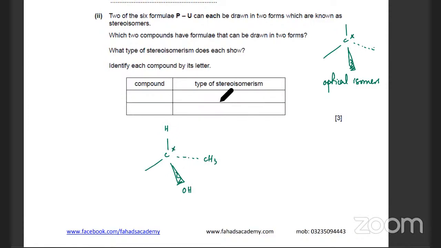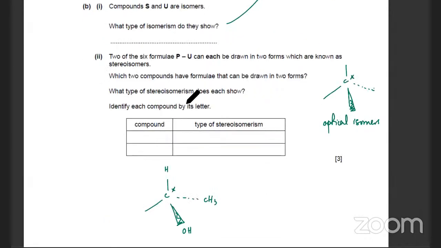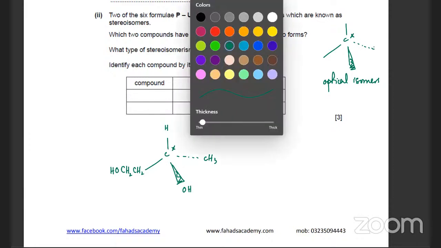I mean, 3 sides are different. So let's go back and have a look. Focus on this carbon atom, C with an H and an OH as a branch. And you've also got a CH3. And on the other side, it's CH2, CH2OH. So on the other side, you've got a CH2, another CH2, and an OH. So this carbon is chiral.